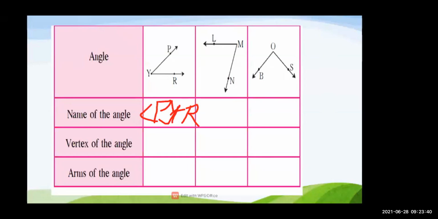Now, next, you are going to find out the vertex of the angle. Vertex means, I told you, when the two rays meet at a common end, that is the vertex.